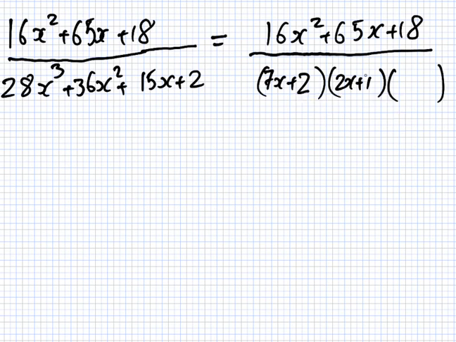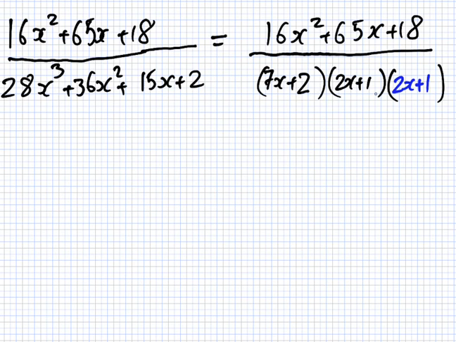Well, if this one was repeated, what's 2 squared? 4. And we need a 2 at the back. So it can't be that one. It must be this one. What's 1 squared? 1 times 2 is the 2. So it must be the second one that's repeated, not the first one.